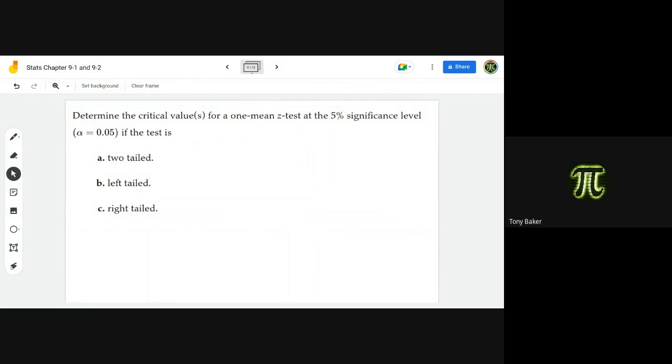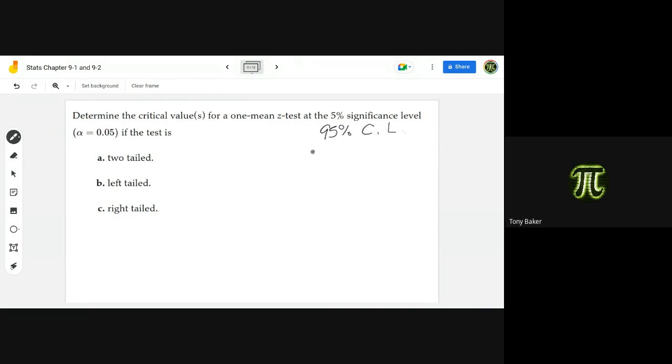All right. So let's look at our critical values for one mean z-test at 5% significance level. A 5% significance level is the same thing as a 95% confidence level. Okay, same concept.